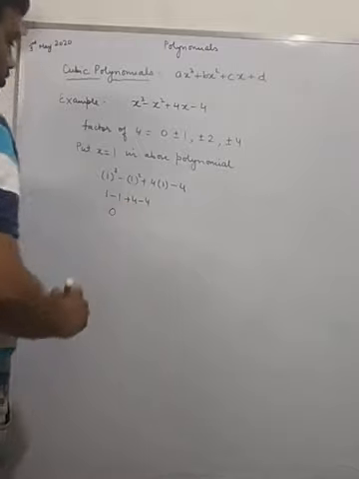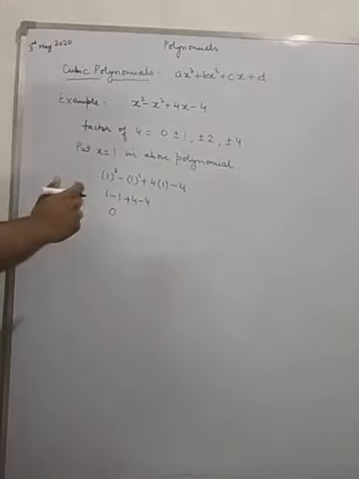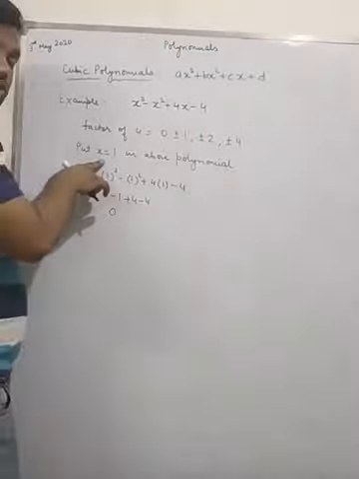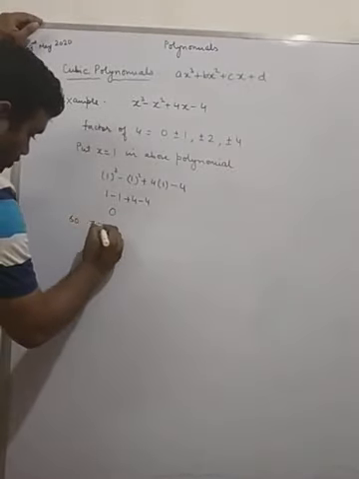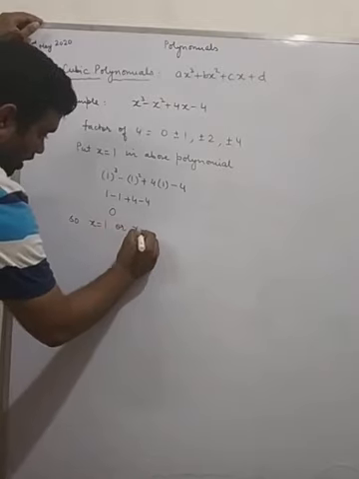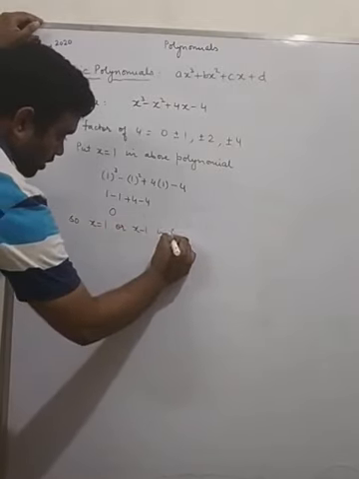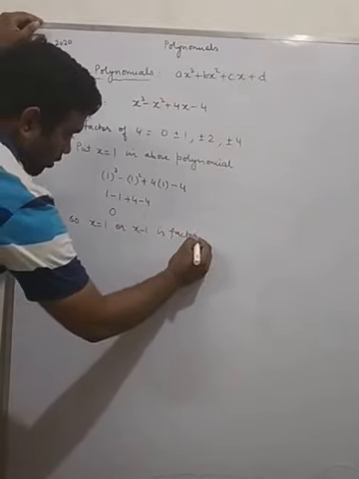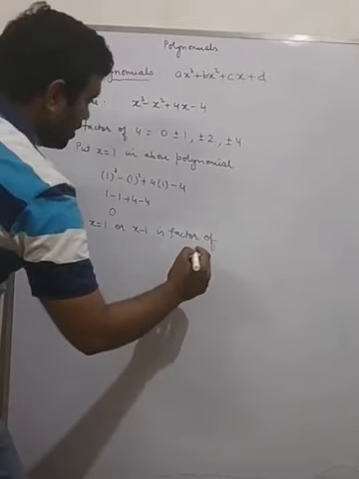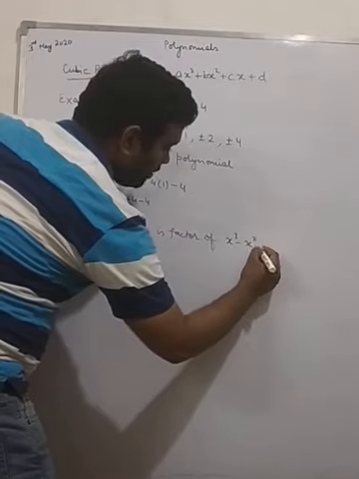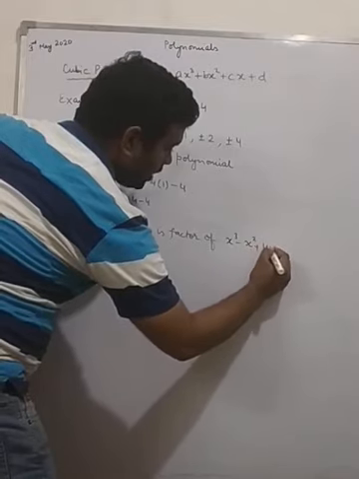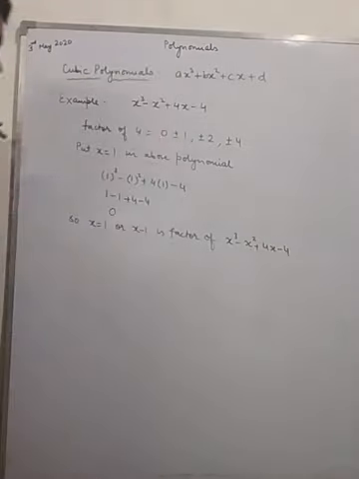This will give me 0. So in this way we can say that yes, x is equal to 1, or x minus 1, is a factor of x cube minus x square plus 4x minus 4.